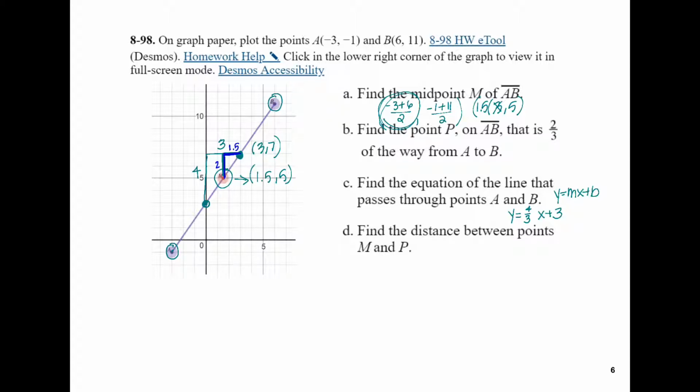So we could use the Pythagorean theorem. 2 squared plus 1.5 squared equals c squared, which would give us the square root of 6.25, which is approximately 2.5 units.